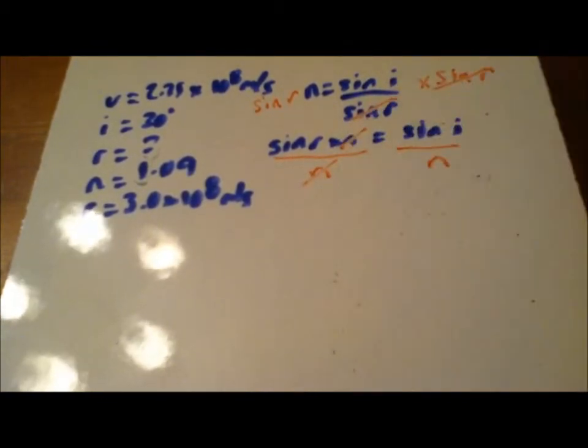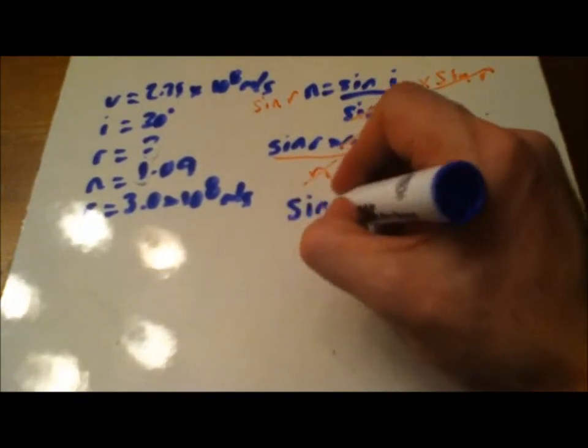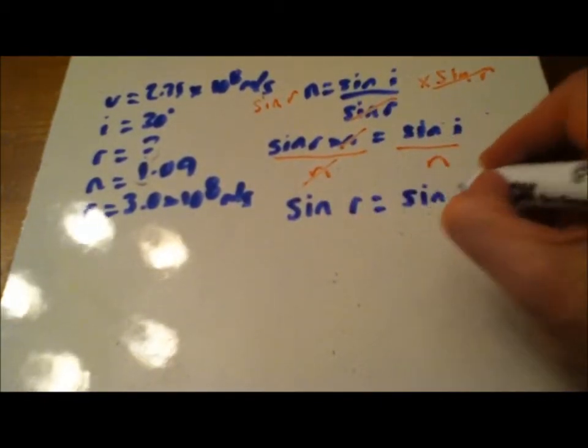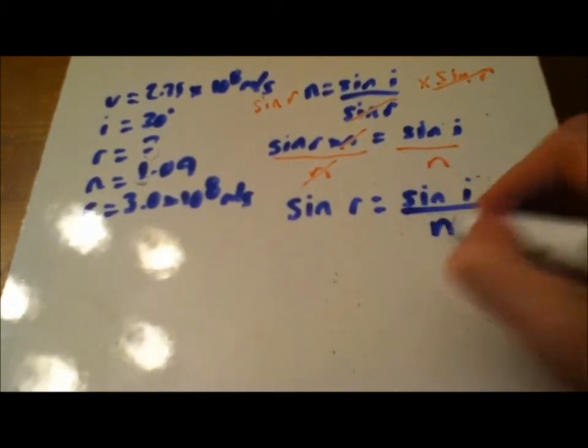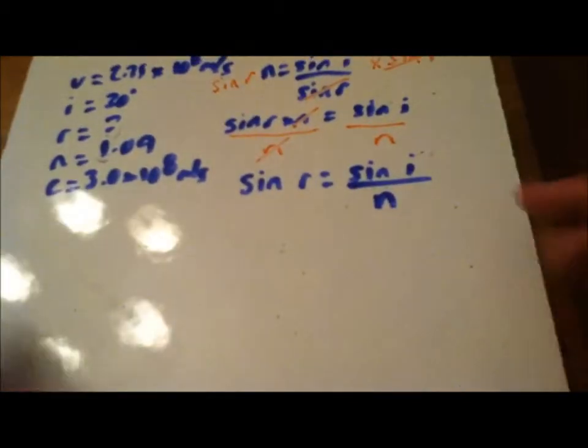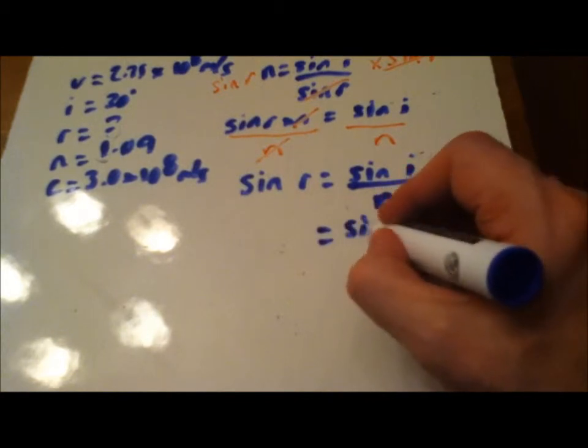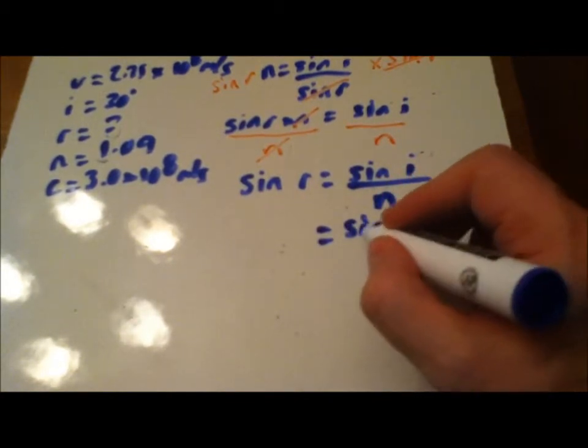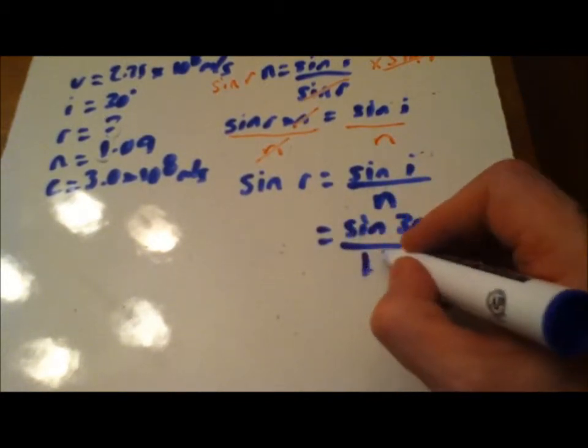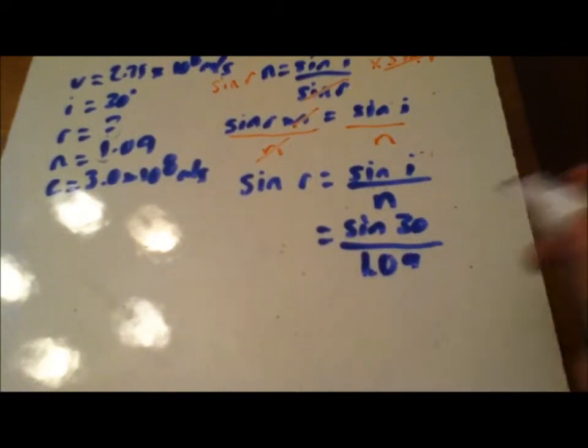These N's will cancel on that side and we're left with sine R equals sine I over N. Now what we can do is substitute our values. So we've got sine I will become sine 30, and the index of refraction that we calculated was 1.09.